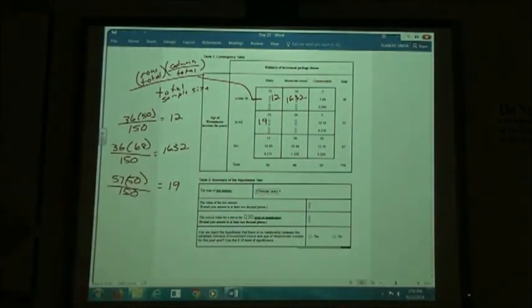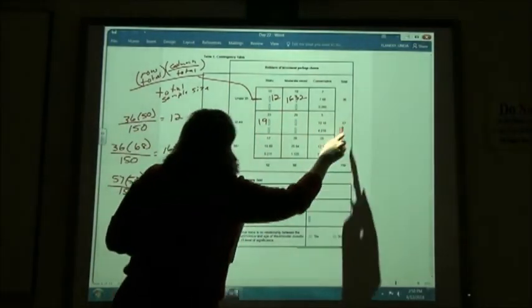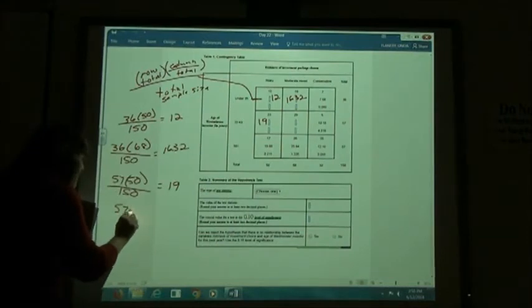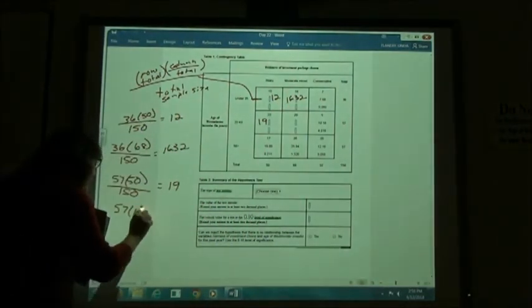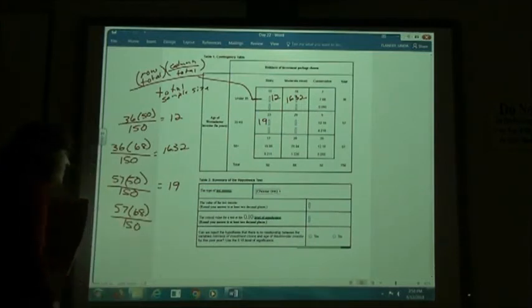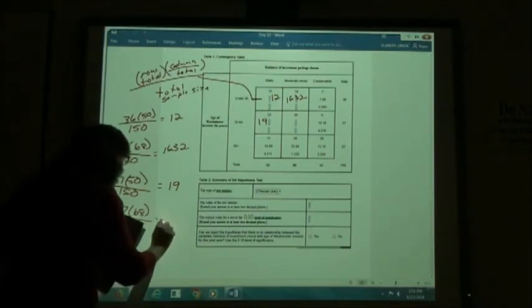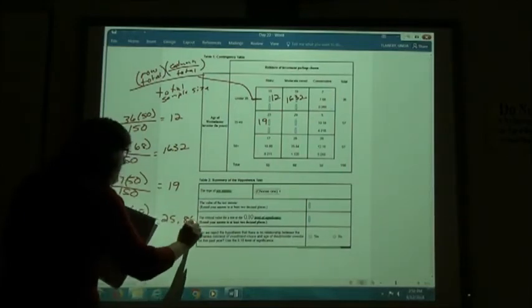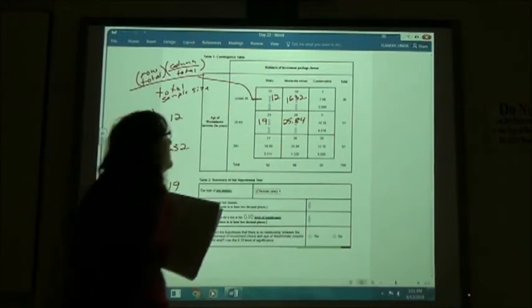And then for the last one on there, top box here, my row total is 57. My column total is 68 divided by my 150. So if you take your calculator, 57 times 68 divided by 150 should give you 25.84. 25.84.